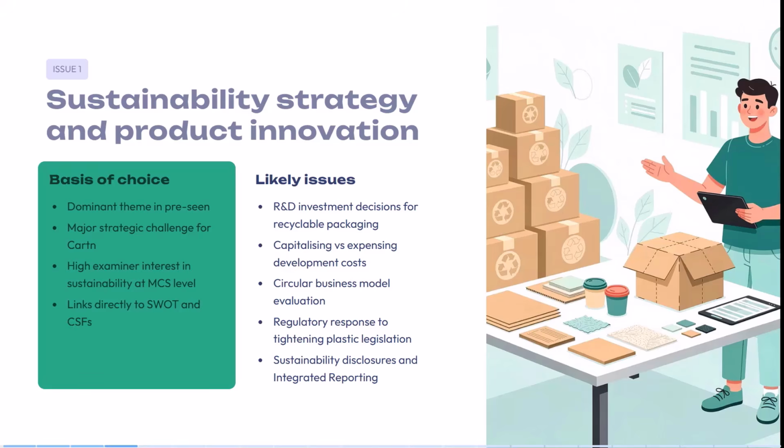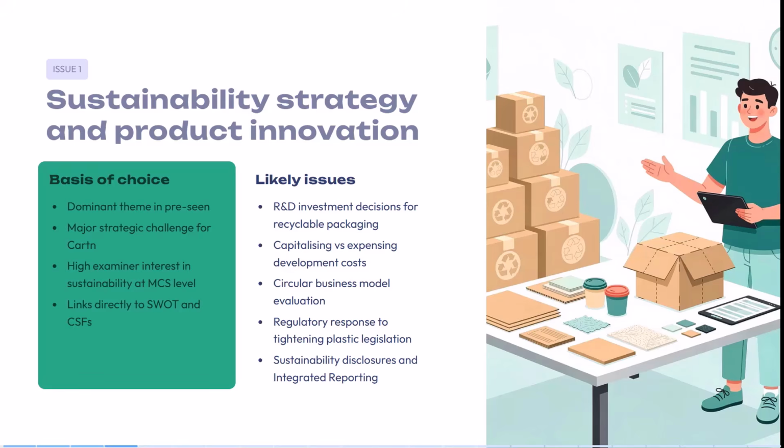Circular business model evaluation is another likely issue. A scenario where Cartn or a competitor is considering a take-back scheme, a closed-loop recycling partnership, or a business model where packaging materials are recovered and reused. So maybe you would have to evaluate whether the model creates genuine circular value or is essentially repurposing dressed up as recycling.